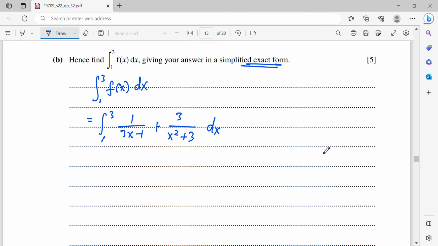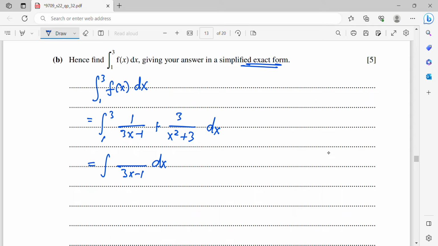Okay, so for your information, the first one, when we integrate, is going to be ln, right? So now I can split it into two integrations. To use the ln, because the degree of the x in the denominator is 1, that's why you are advised to use the ln.